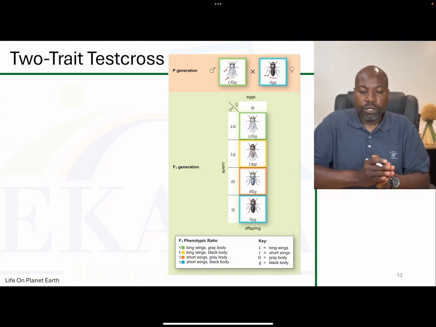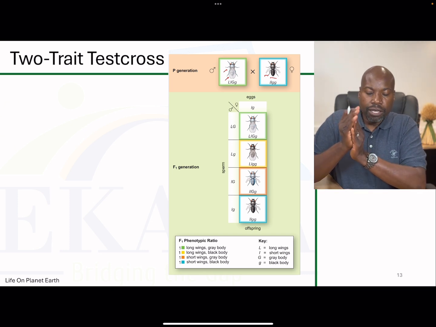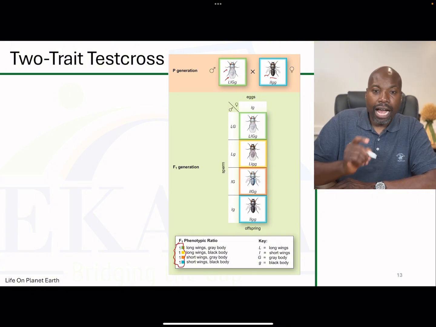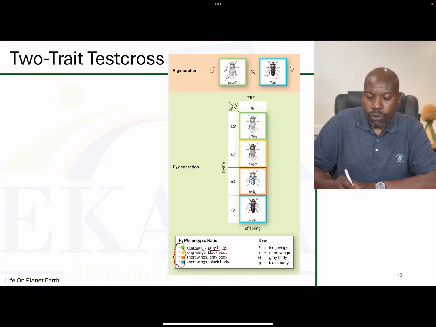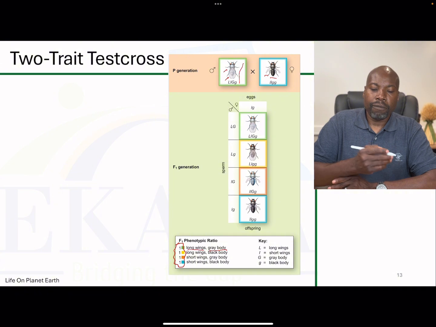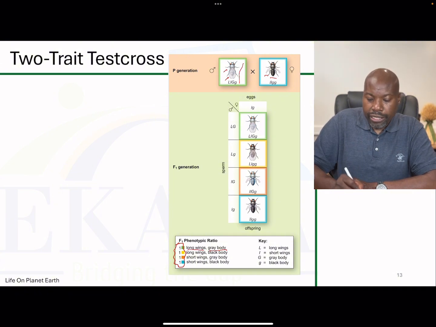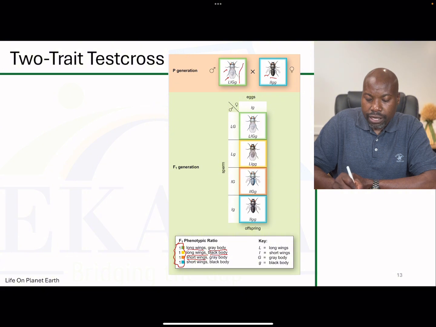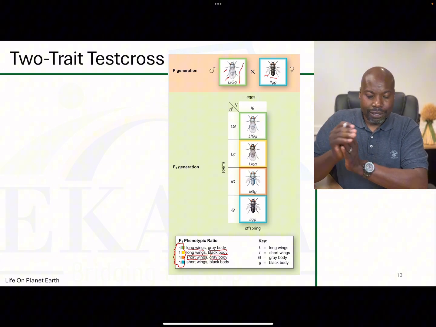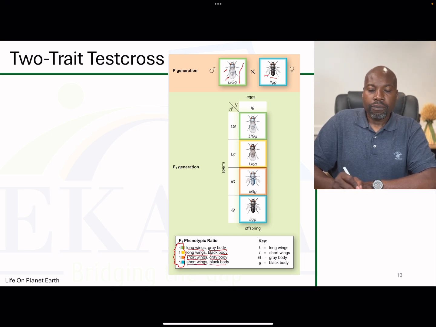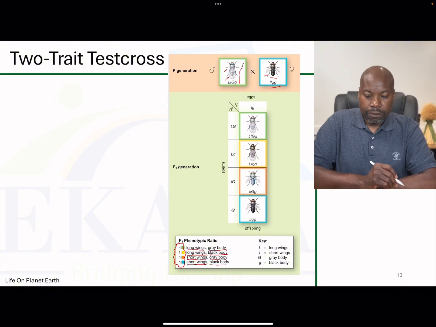By crossing these two individuals, if he observes that you have one possibility of each, in other words, one individual with long wings and gray body, which is the parental feature here, another individual with long wings and black body, that's a mix, another individual with short wings and gray body, that's another mix, and then finally, an individual with short wings and black body, that's a parental feature here.